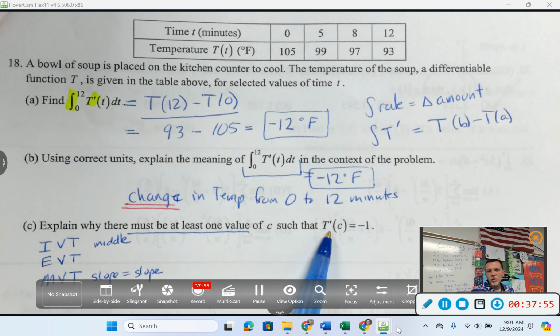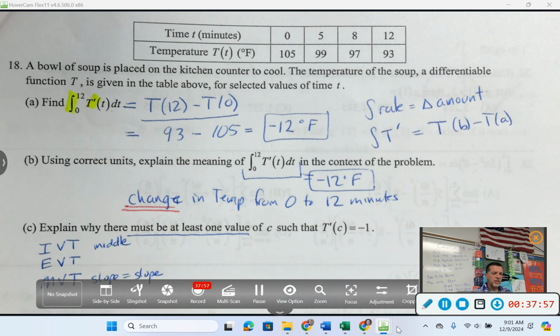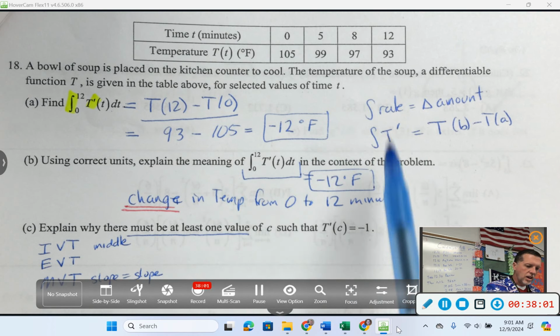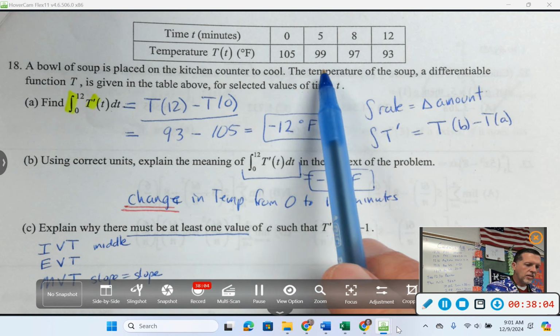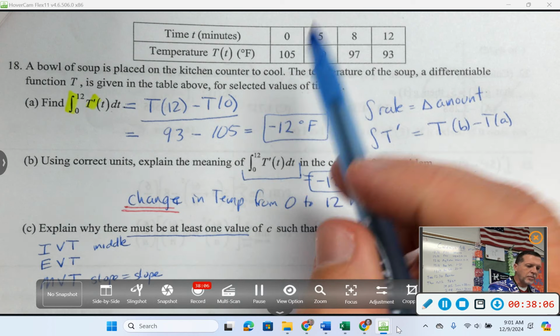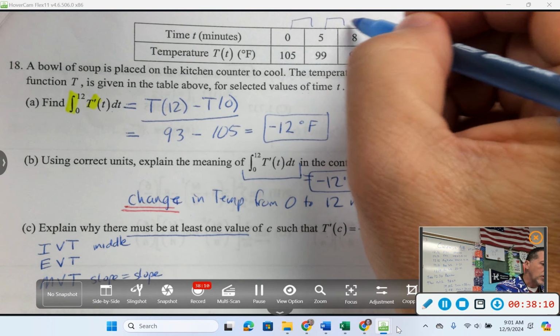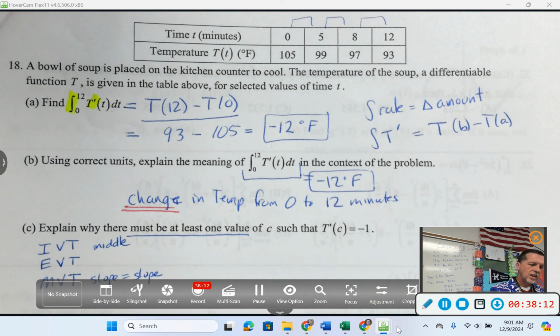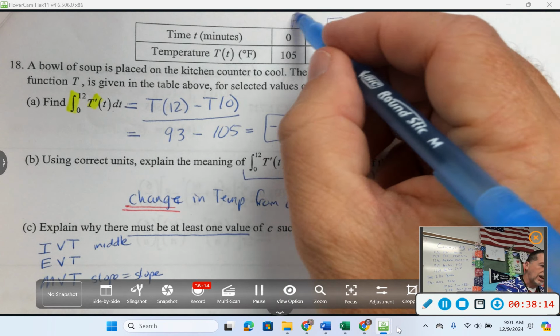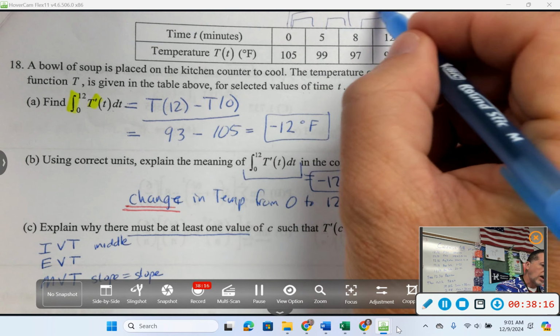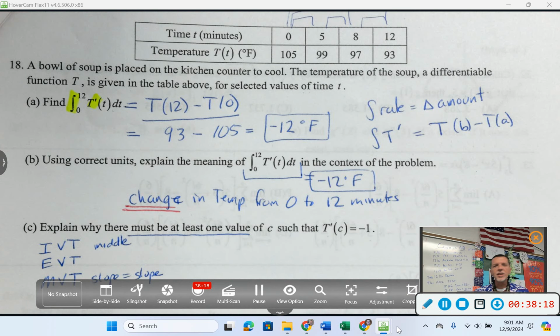I think this is a slope equals slope problem because it asks for T prime equals negative 1. So I've got to play the game of which combination of these gives me a slope of negative 1. And again, I can use all different combinations.